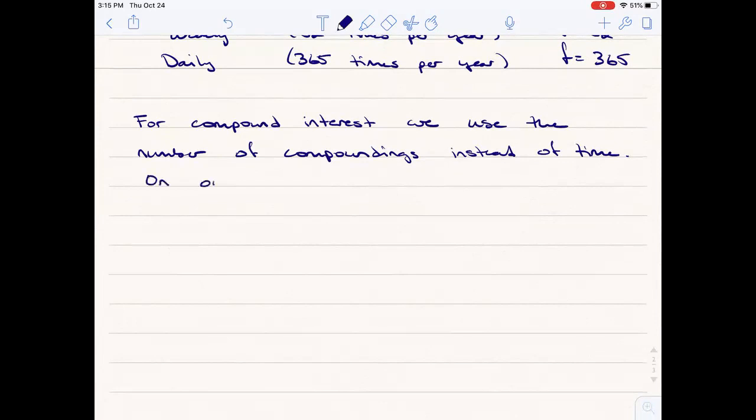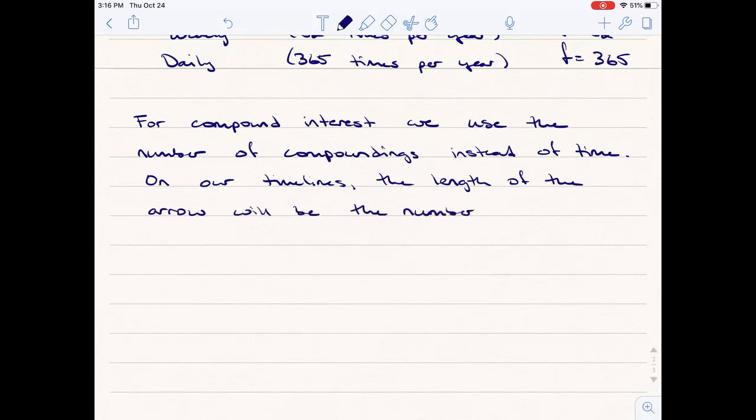So on our timelines, the length of the arrow will be the number of compoundings.